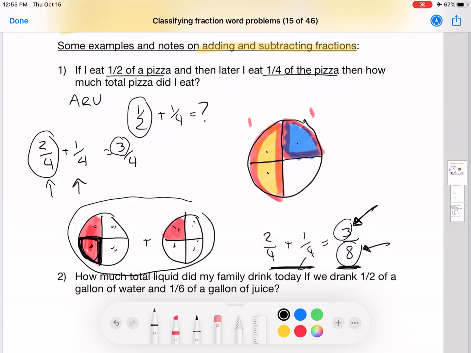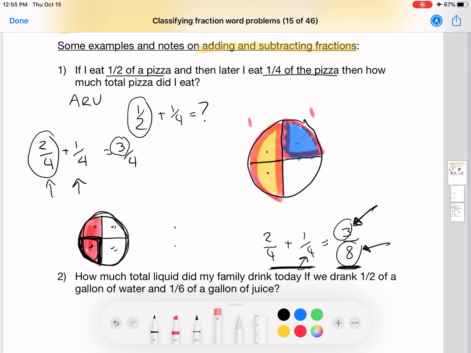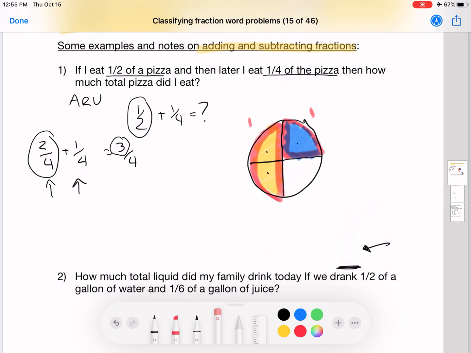Versus this says this is 1/4 of 1 pizza. And so the issue when you add the top and you add the bottom is you are changing your whole from 1 pizza to all of a sudden 2 pizzas. And since you are using a different size whole, you can't actually compare your fractions in that way. Which is why once we have a common denominator, we simply add the numerator so that we don't change the size of the whole that we're dealing with.